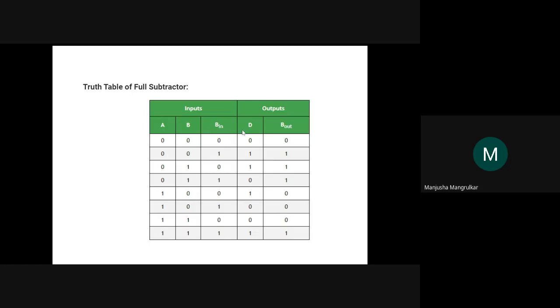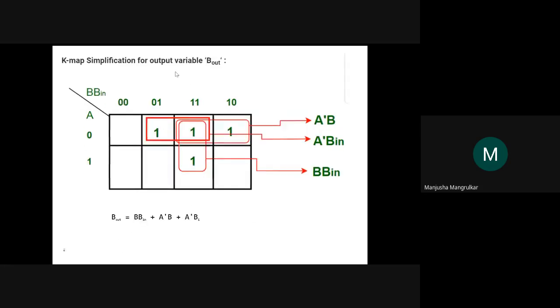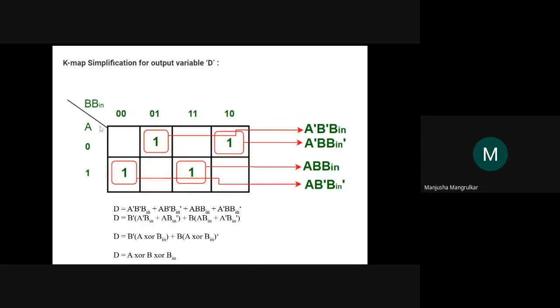Now in this three input, your difference D is 0 1 1 0 1 0 0 1. So how do we put this into the three variable K-map? This is a three variable K-map. You all are familiar with this K-map, right?